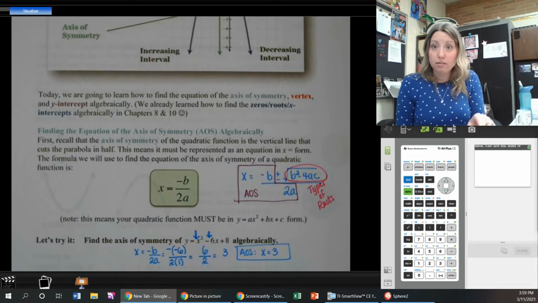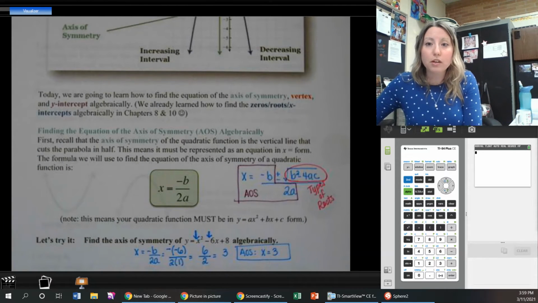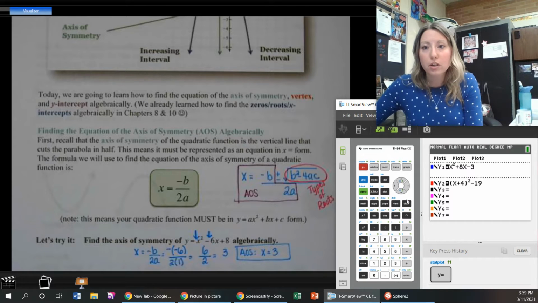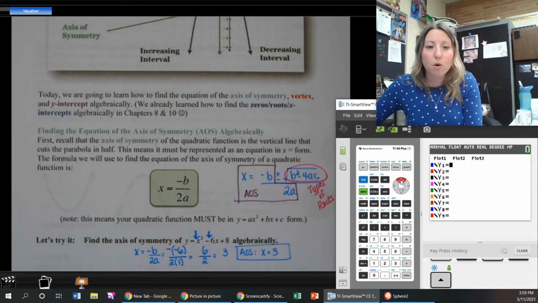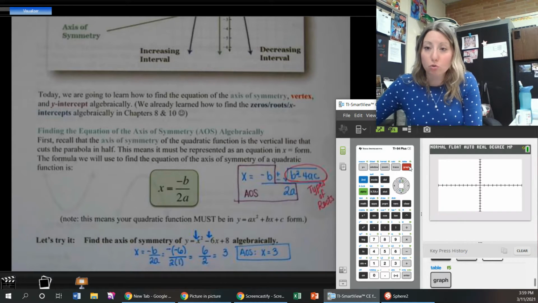Can I check it? Yes. So while I have to use this when I'm told to solve algebraically, I can use my graphing calculator to check my answer to make sure it's correct. So press y equals, clear out anything that's already in here, and then in y1, let's type in the function equation, x squared minus 6x plus 8, and graph it.